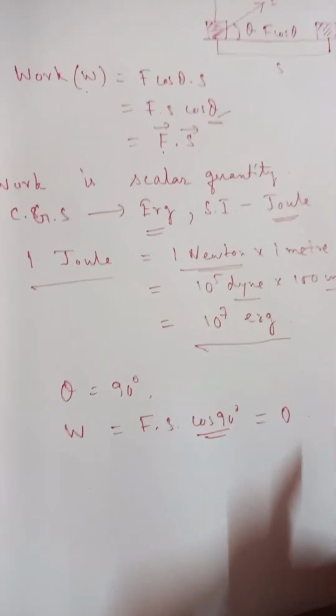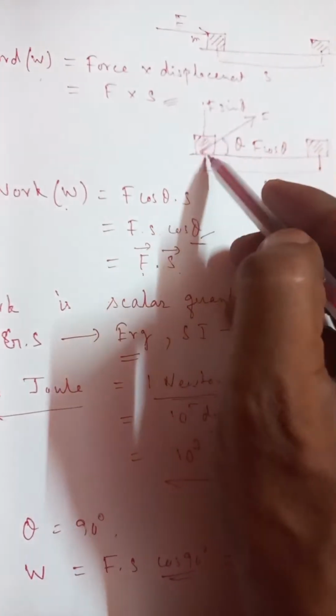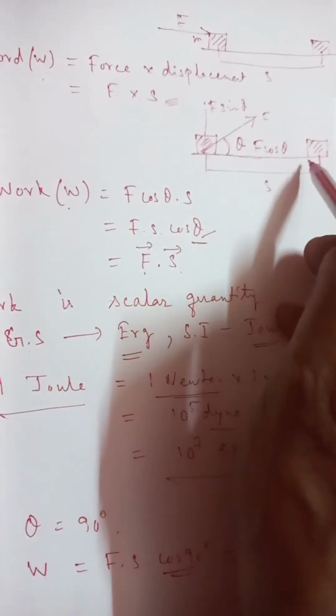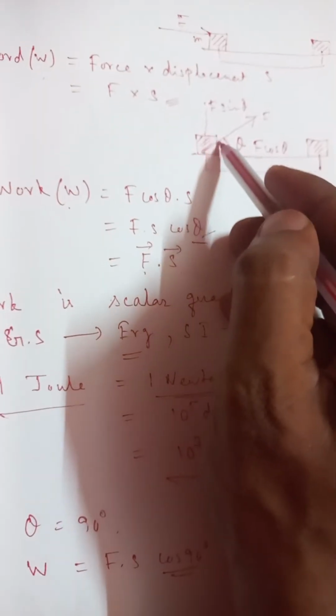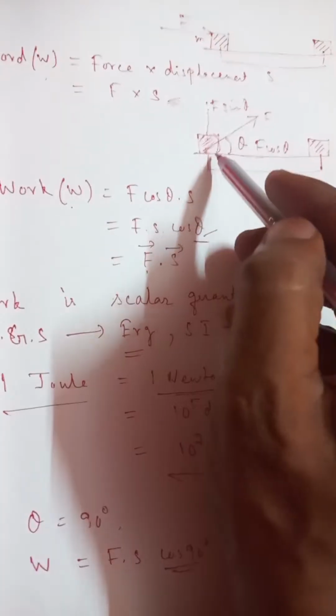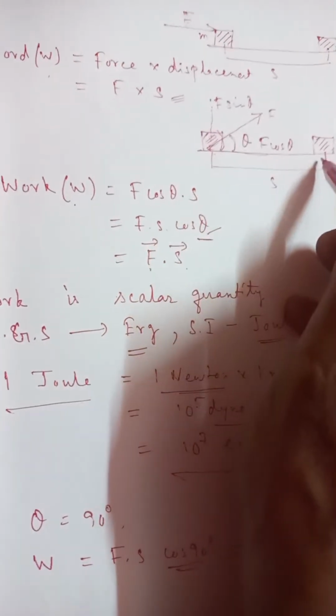So if the vertical component of the applied force and the displacement are at an angle of 90 degrees, this force will not do any work for this displacement.